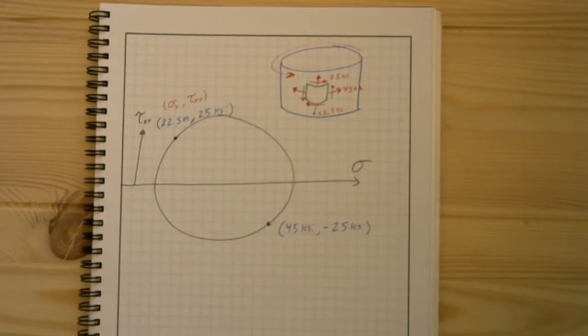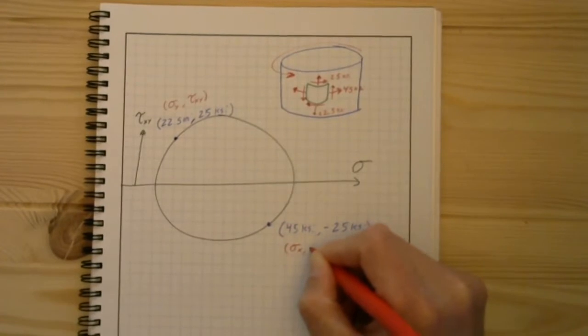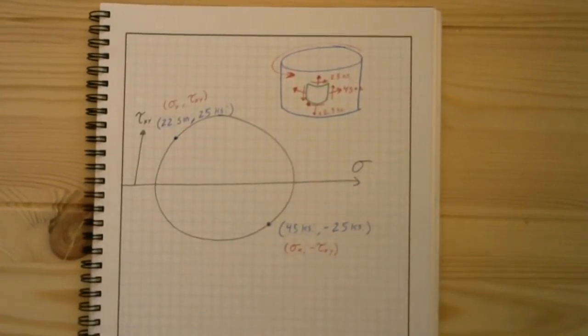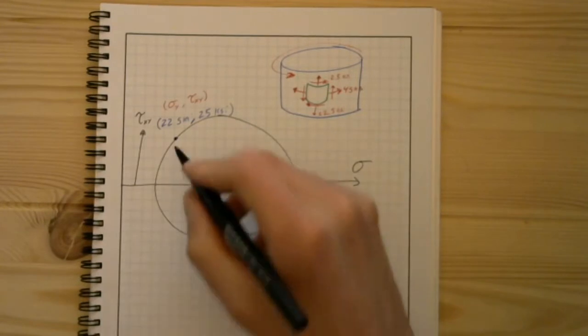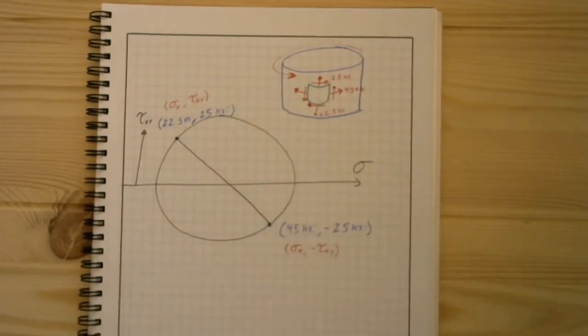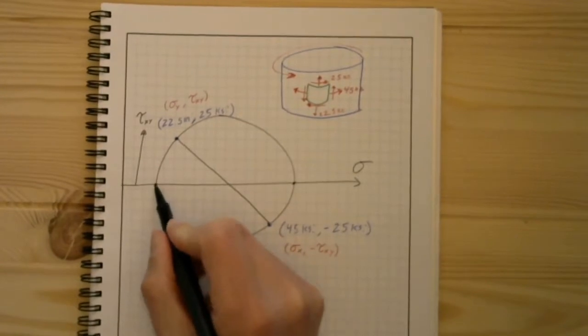That's for this point right there. So we've got now this line right there. We want to find our principal stresses. Our principal stresses are right here and right here.